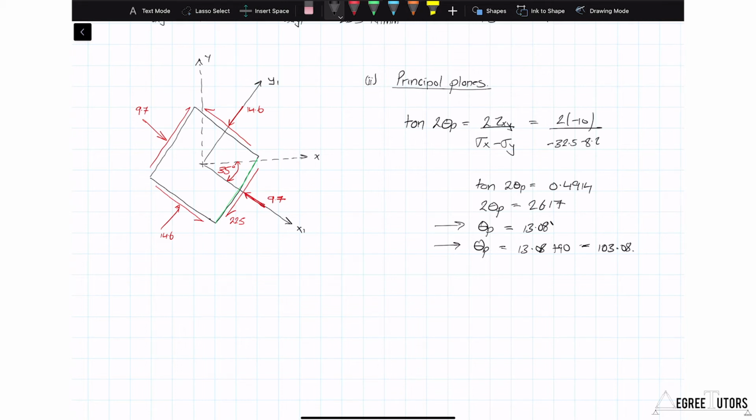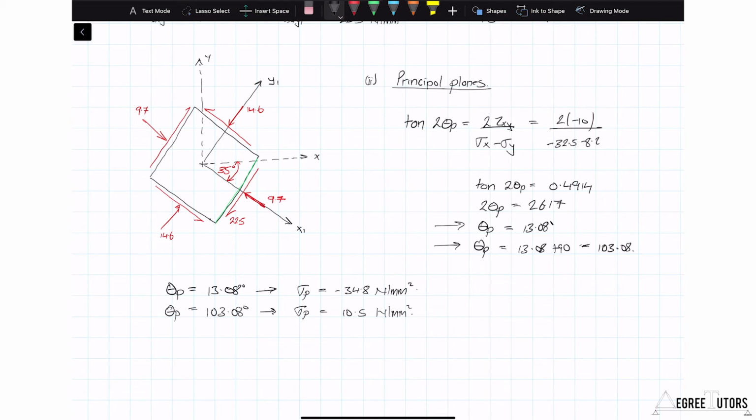When we sub in theta p equal to 13.08 degrees, we get a principal stress equal to a negative 34.8 newtons per millimeter squared. Excellent. And we do the other one: theta p equal to 103.08 degrees. When we sub that into a transformation equation, we get 10.5 newtons per millimeter squared.